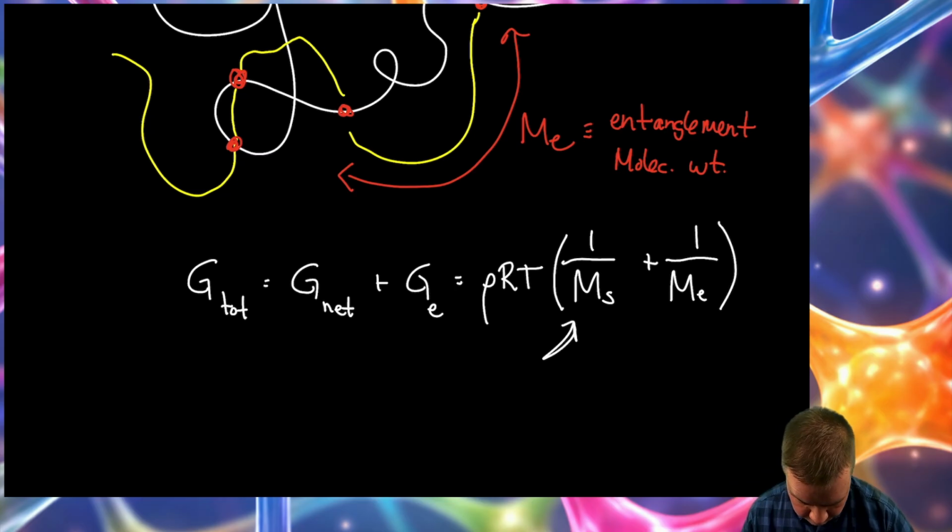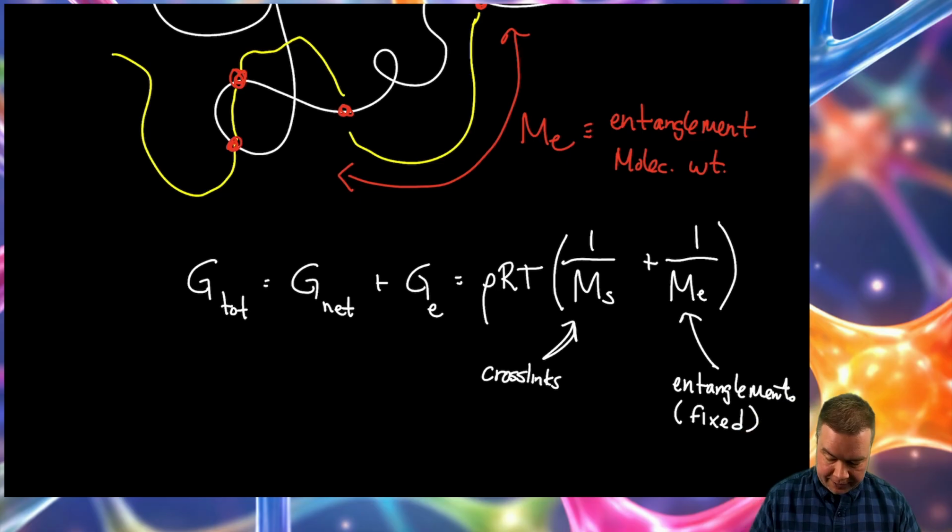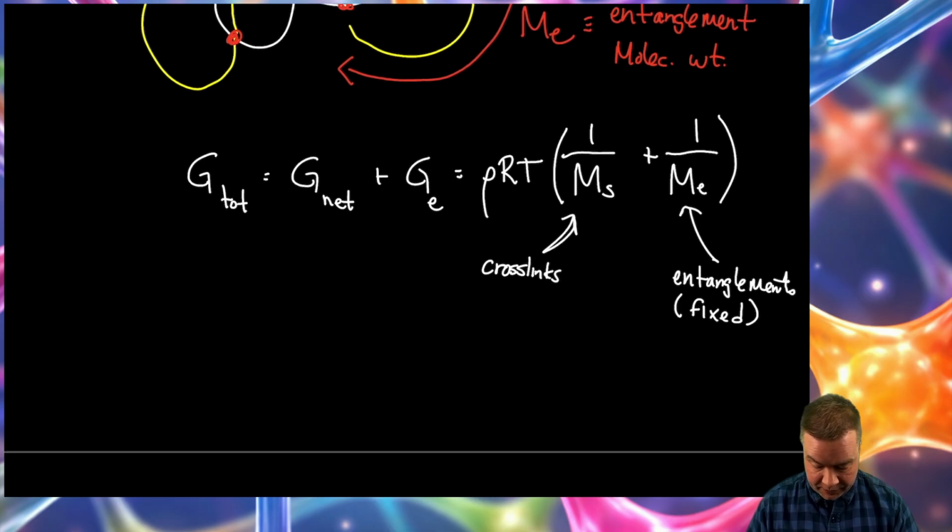So again, this first term is due to the chemical or whatever crosslinks. This one here is due to entanglements. And this is really fixed. For a given chemistry of polymer, this entanglement molecular weight is fixed. And so this is the only thing really that can change.